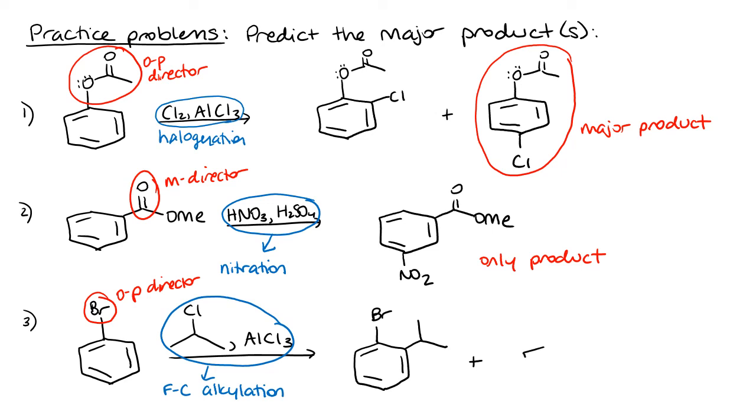However, the isopropyl group we're installing on the ring is sterically hindered. So even though the bromine may not provide that much steric hindrance, the incoming group may not fit very well. There could be some clash of electron density here. So as a result, again, the major product is likely to be the para-substituted product because you have less steric hindrance.